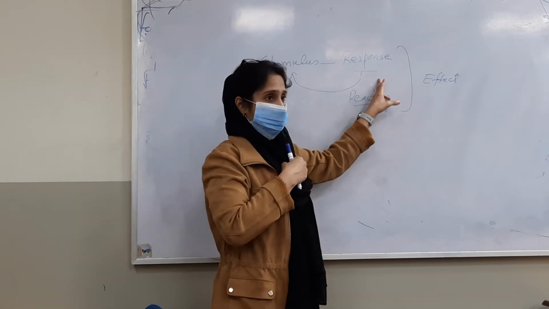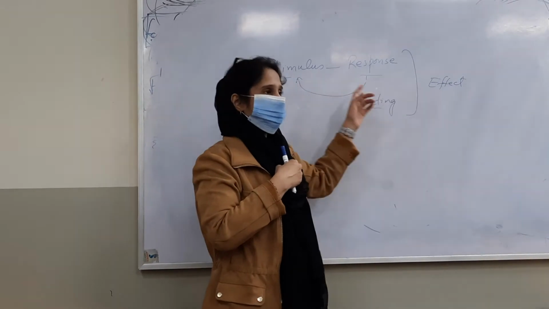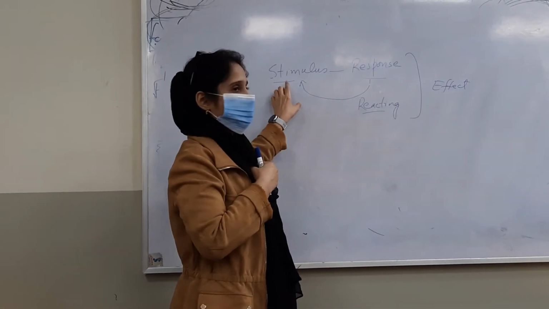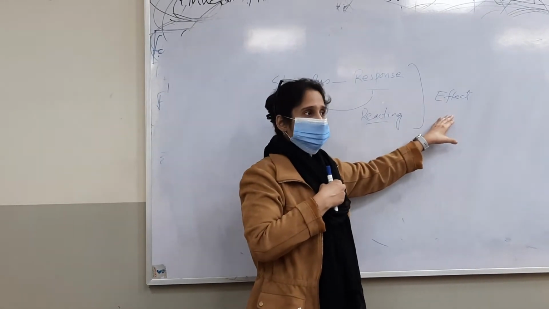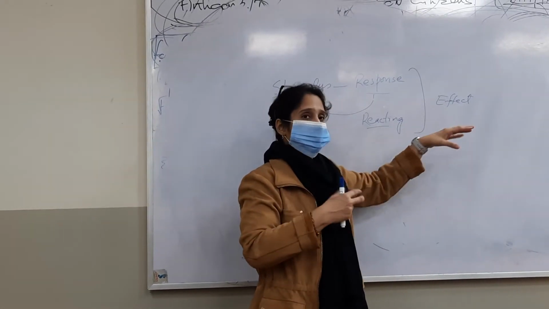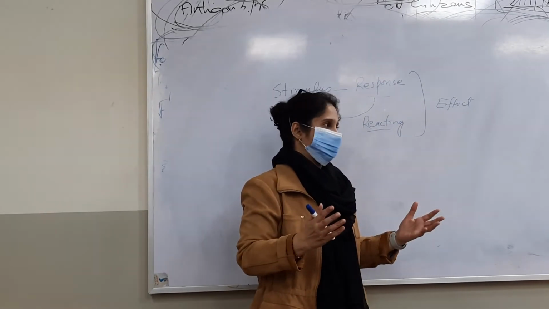When they are not responding in the desired way of the advertiser, then he maybe needs to change his stimulus. And this is where effect study works. We study effects to see if the audience is responding in our desired ways.